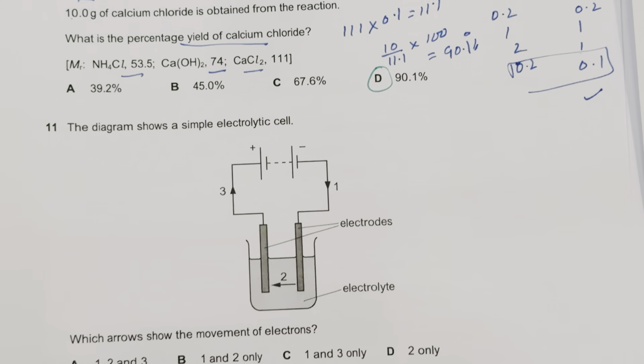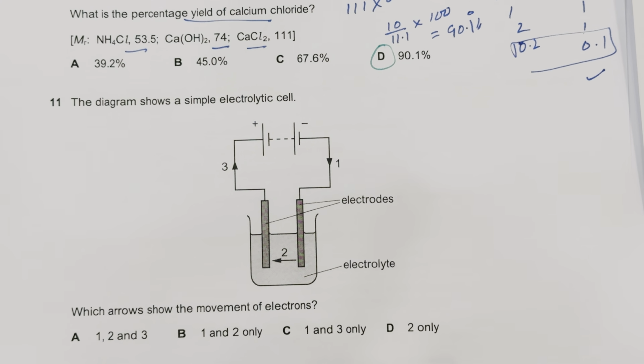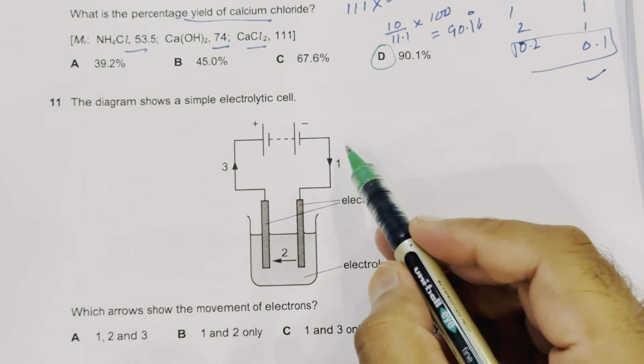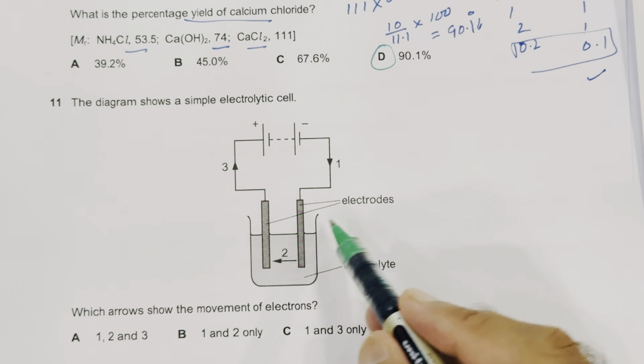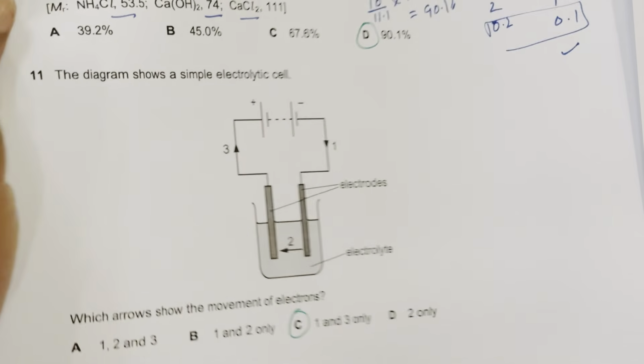Okay, the diagram shows a simple electrolytic cell. Which arrow shows the movement of electrons? Movement of electrons is from 1 and from 3. Here ions move. So option number C is the correct answer. Moving to question number 12.